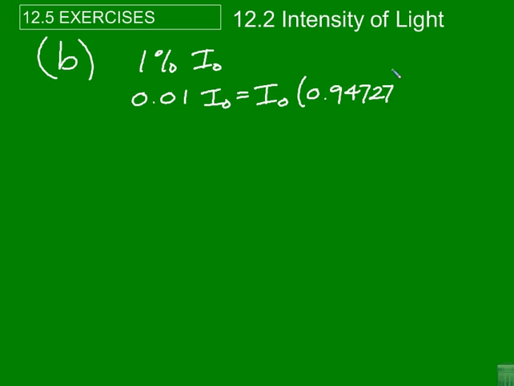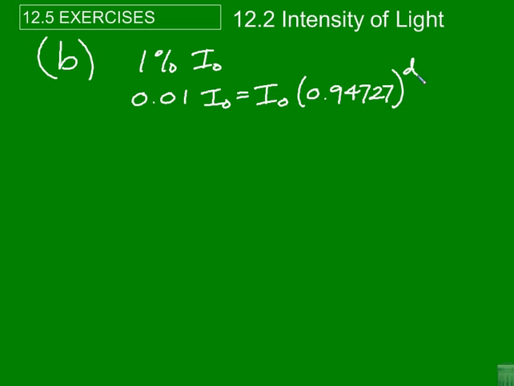So here we go. 1% of I0 is the same as 0.01 I0, which I set equal to our equation from the last page, I0 times 0.94727 raised to a particular d.